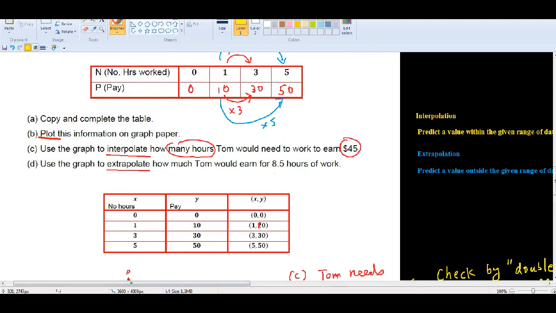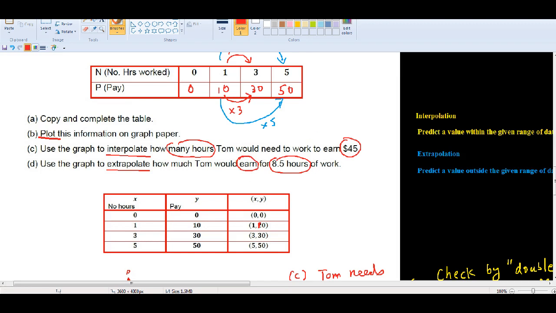For extrapolation, let's see how much Tom will earn for 8.5 hours. So this time, how much would Tom earn if he works for 8.5 hours?